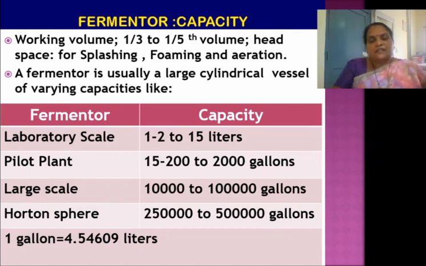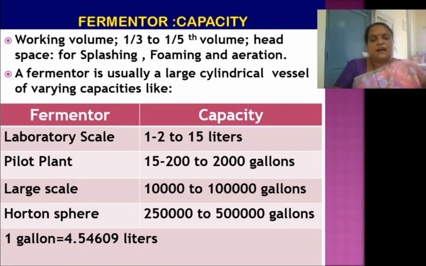Pilot plants are larger than the laboratory scale fermenters with a size of 15 to 200 gallons up to 2000 gallons. 1 gallon is nearly 4.5 liters. So a pilot plant may come with 15 gallon capacity or 100 gallon capacity or 500 gallon capacity or 2000 gallon capacity.